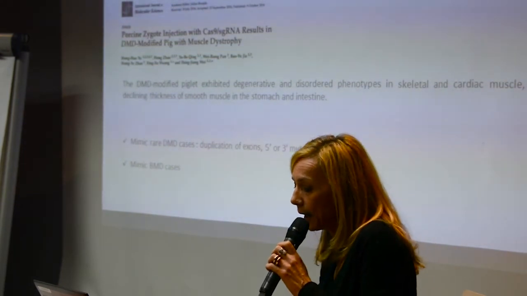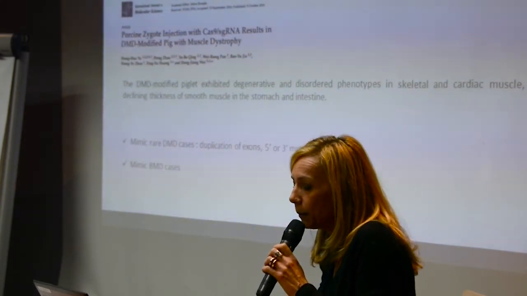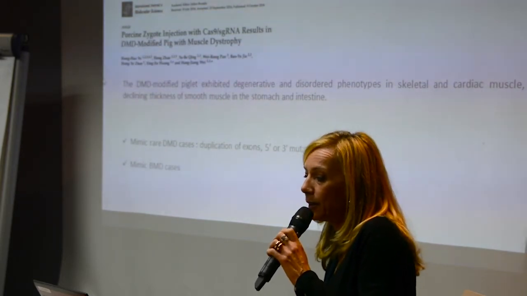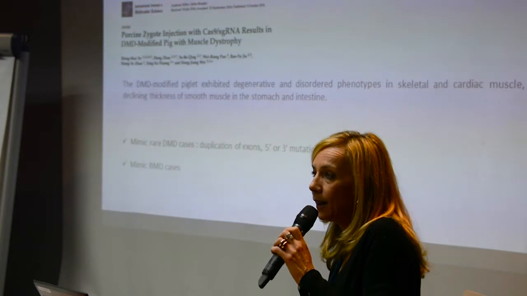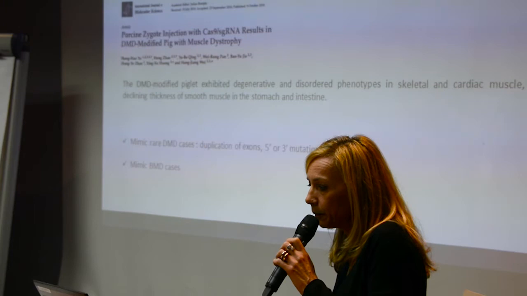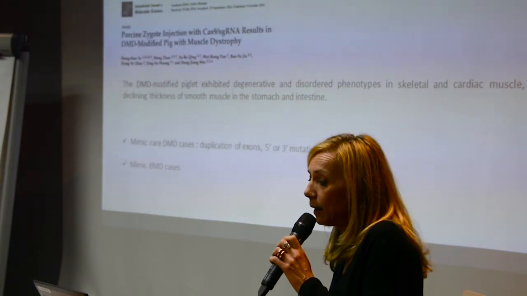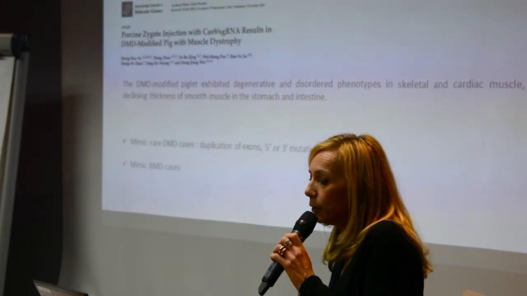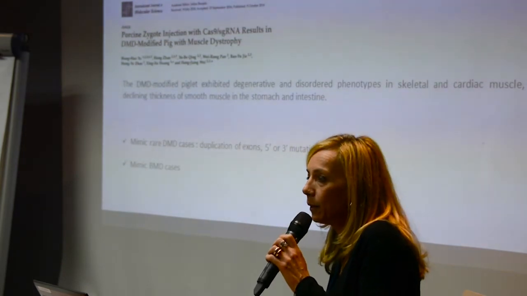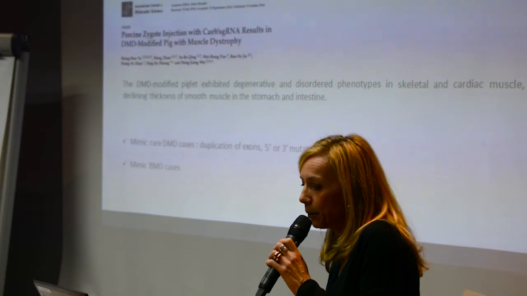develop the animal model. And here, a very recent paper showed porcine zygote injection of CRISPR-Cas9 resulting in a DMD-modified pig with muscular dystrophy. And this model showed disorders like the DMD human phenotype.